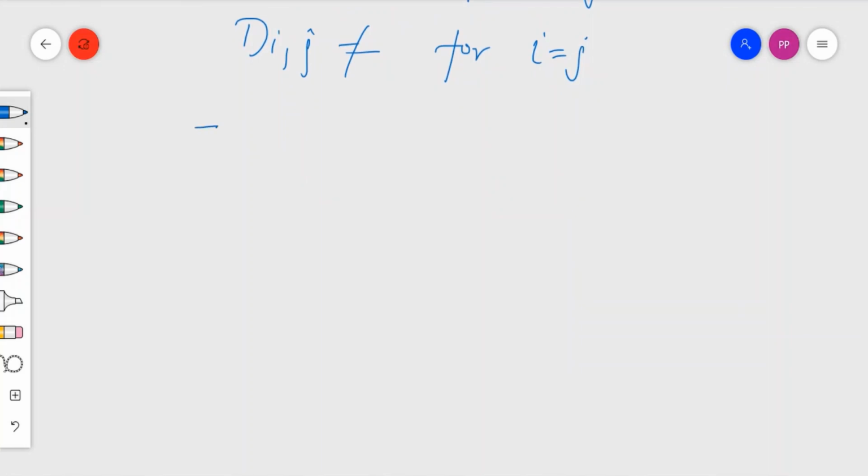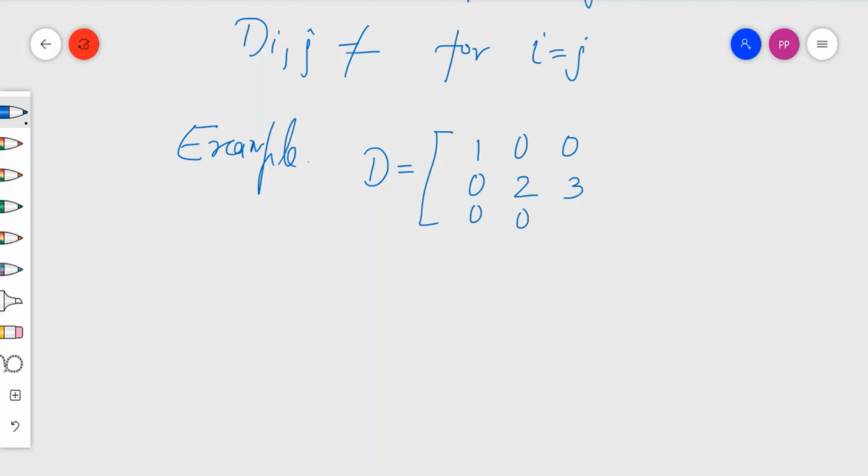Example: D equals, say, a 3 by 3 matrix: 1 0 0, 0 2 3, 0 0 minus 1.